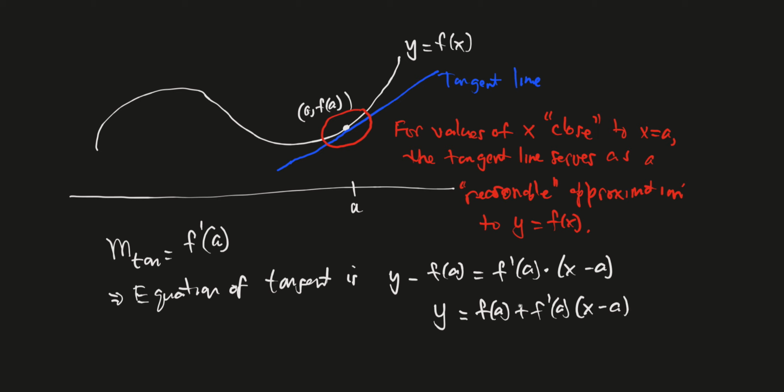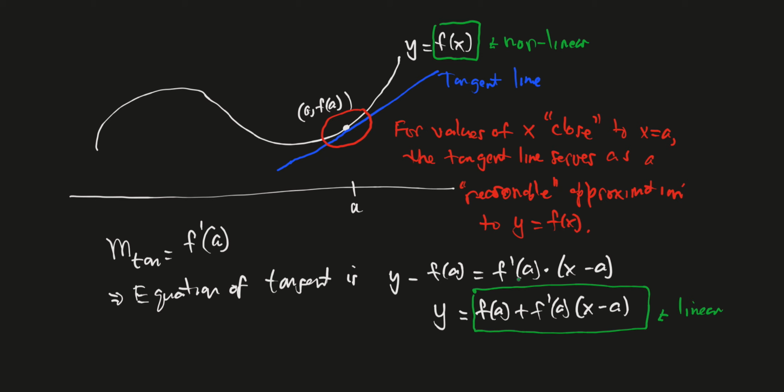So what we're now saying is this function f of x, for values of x that are close to a, can be approximated by this function. These are two functions, but this one is nonlinear, as we can see, definitely not a linear function here, whereas this one is linear.